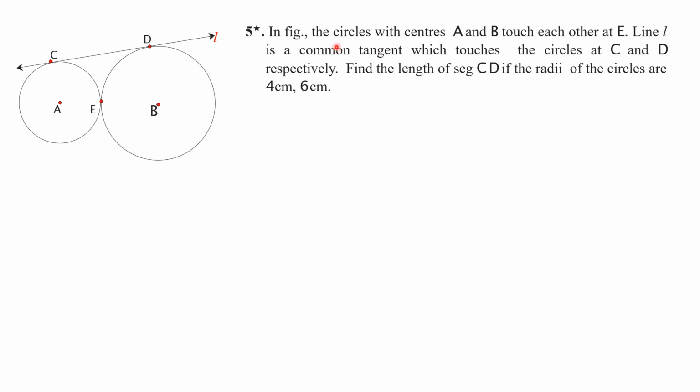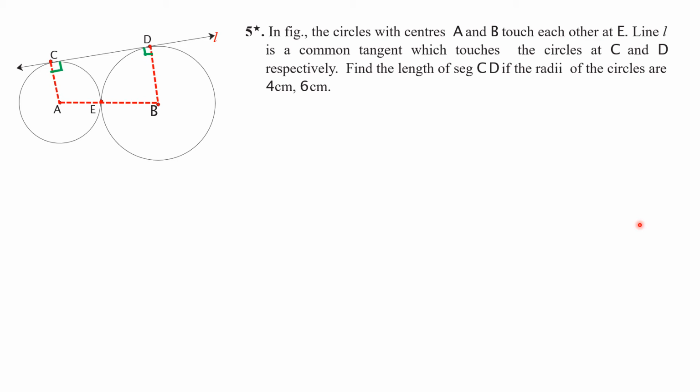Fifth example. In the figure, circles with centers A and B touch each other at point E. Line L is a common tangent, touching the circles at points C and D respectively. Find the length of segment CD if the radii of the circles are 4 cm and 6 cm.